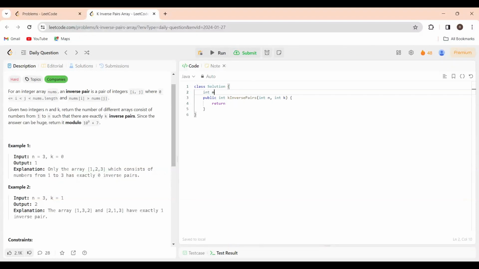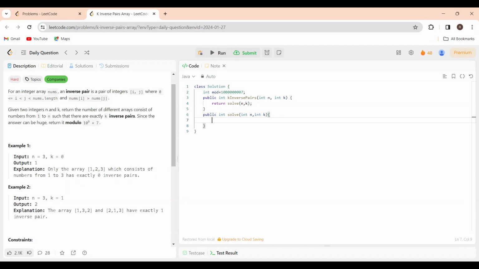So let us add our modulo, 10 to the power 9 plus 7. And we need to call our recursive function here, solve n comma k. public int solve int n comma k.